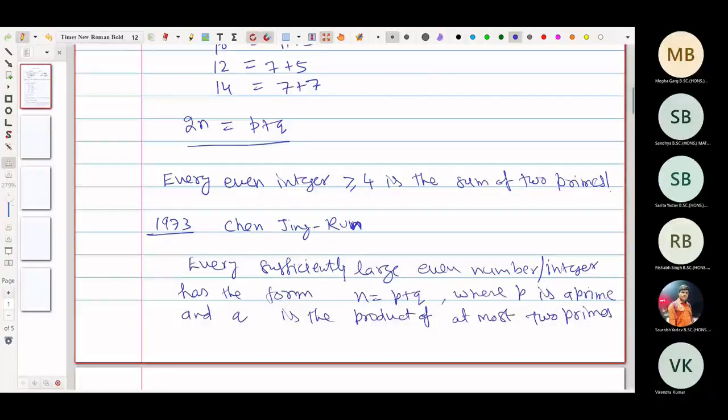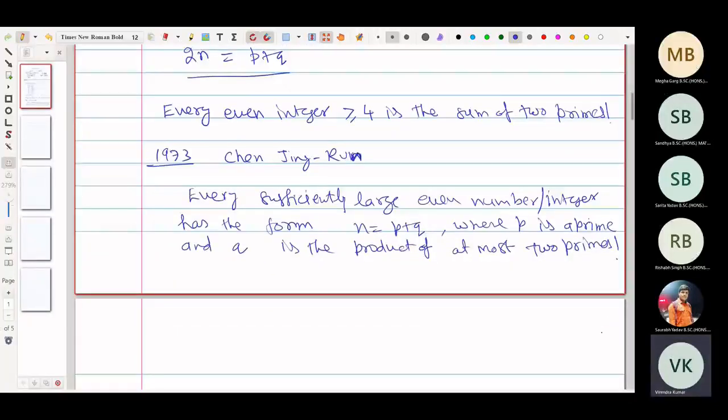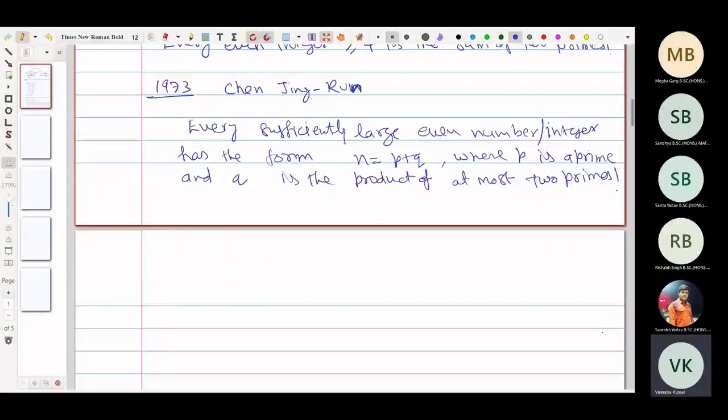At most two primes. So he's talking about a sufficiently large even number, and he didn't say how large the given number should be.